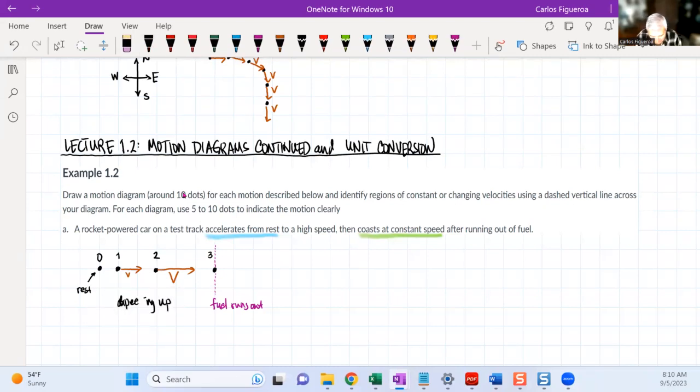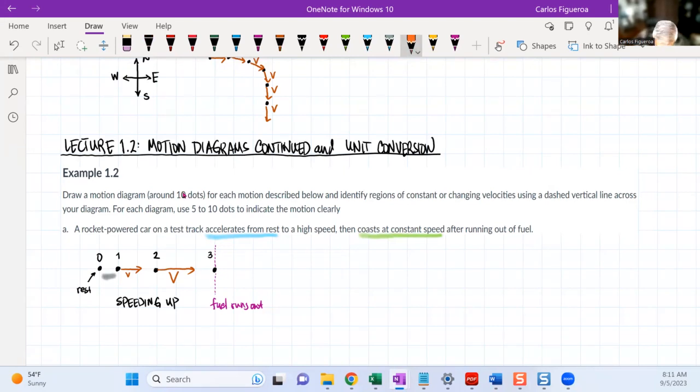Now, here's my question. At point 3, is my arrow the same size? Is it longer? Or is it shorter? The way we answer the question is we look at the intervals. The interval from here to here is that size.